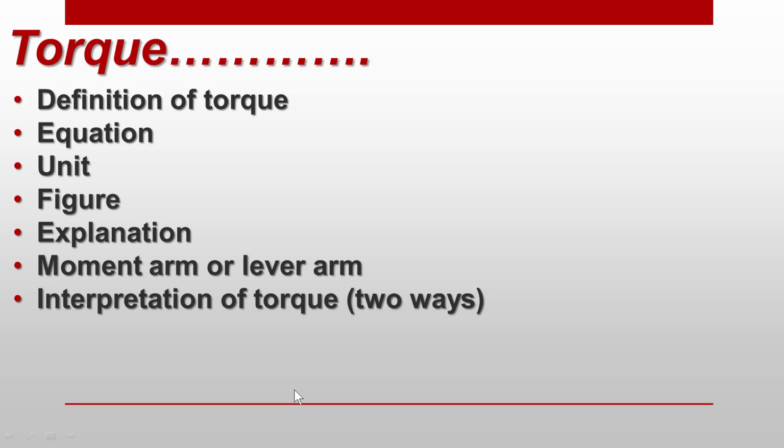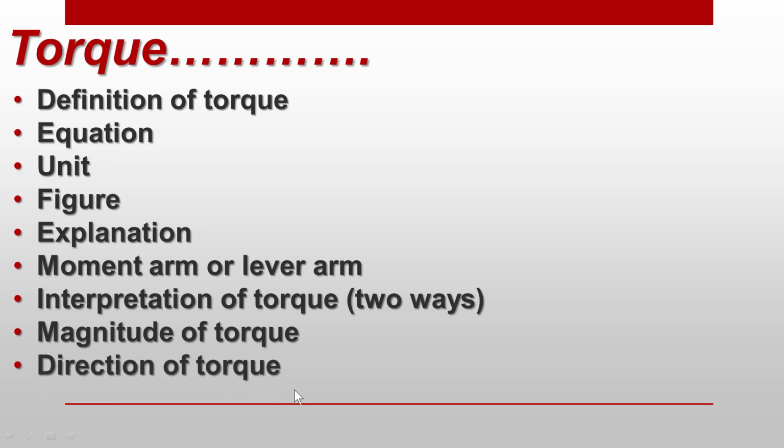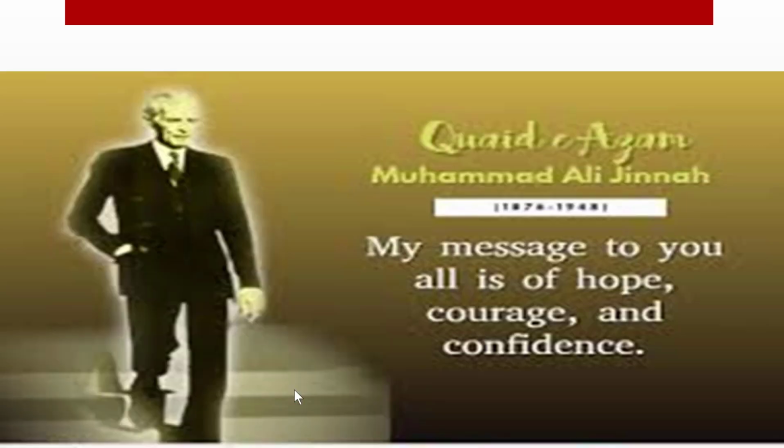Write those two approaches with subheadings. Then write the magnitude of torque, direction of torque, and the factors on which torque depends, all under separate headings. You can make your notes on these topics.